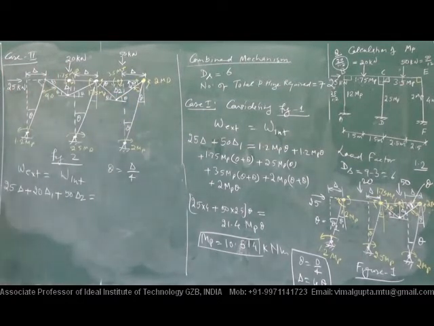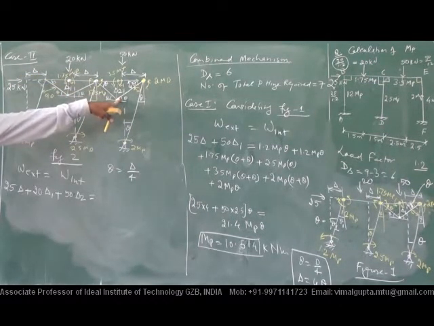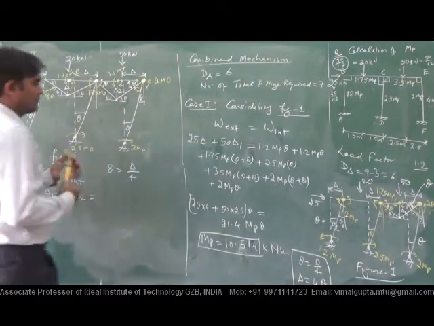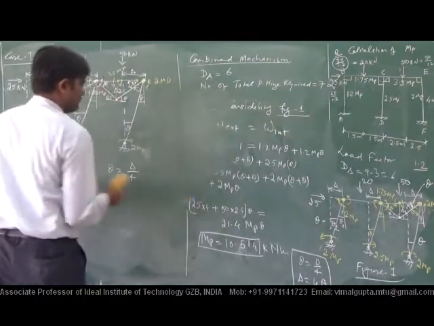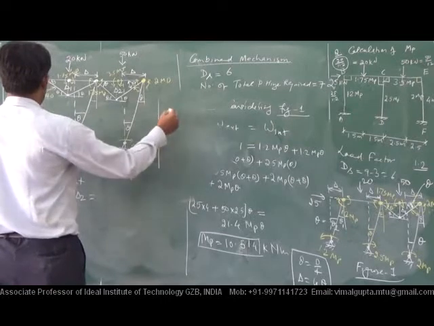Now the relation between delta 1, delta and delta 2. Write this down.